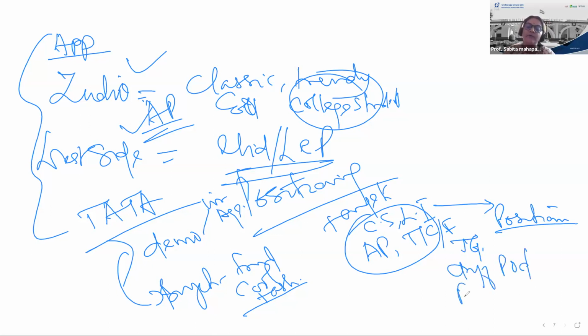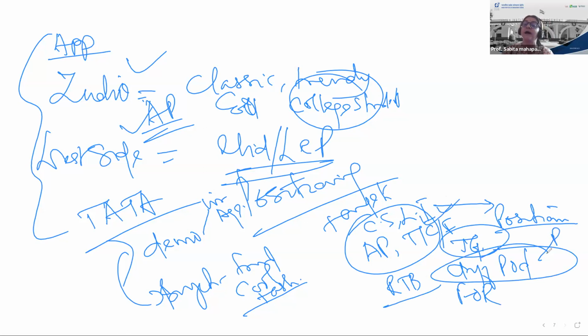What is your frame of reference? What is your reasons to believe? So what is my TG? TG is college students. What is the point of difference? My point of difference is price, trendy, affordable, stylish, fashionable. What is the frame of reference? It is apparel. And what is the reasons to believe?